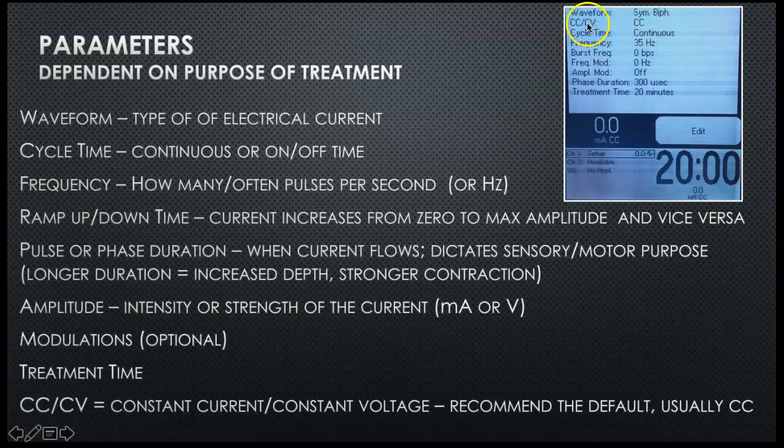This is something that the machine can use to sense if it's getting any resistance or any impedance to the electrical current, and it will adjust the voltage accordingly. But I would not do that. I would just leave it on constant current so there's no surprises to your patient. You don't want the machine adjusting itself. You want to be in control. So just leave it on the default.